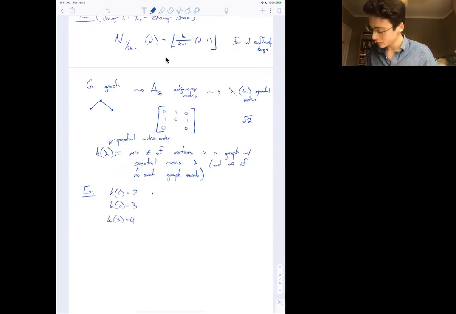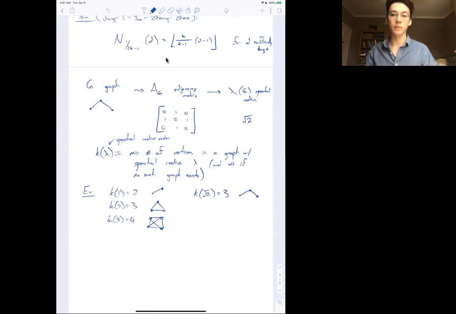The smallest graph with spectral radius 1 is K2. The smallest graph with spectral radius 2 is K3. Smallest graph with spectral radius 3 is K4. But lots of other things, for example, K of root 2 is equal to 3 because of this example given just above. And you can compute this in general.